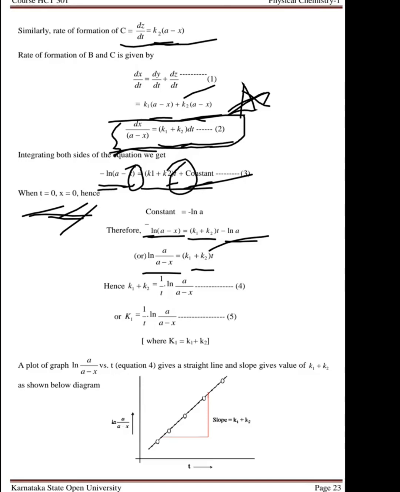So further, by calculating, we can write here K1 plus K2, taking t to the right hand side, 1 by t.